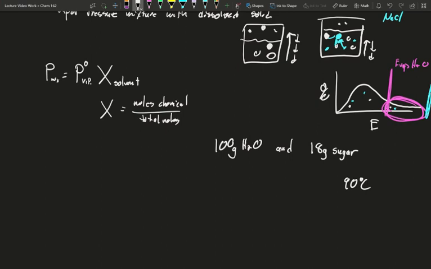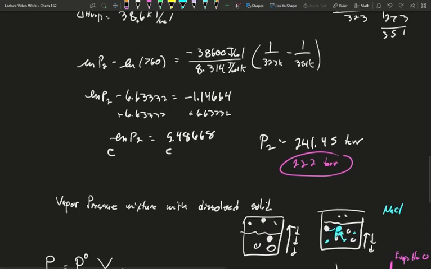Let's find our vapor pressure. In a previous video, we identified the vapor pressure at 90 degrees Celsius by calculating it using the Clausius-Clapeyron equation. Well, in this case, we can take what it would have been if it was pure, and we can find what it will really be now in our mixture.